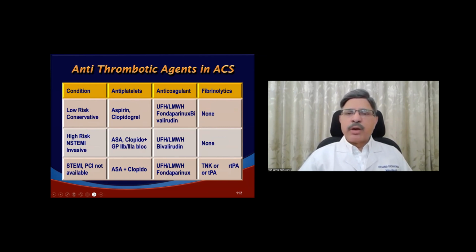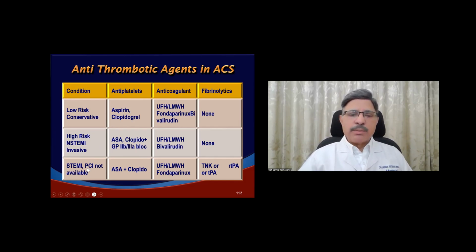Fibrinolytics not required. High-risk NSTEMI, invasive treatment planned: ASA, clopidogrel, GP IIb/IIIa blockers, because invasive treatment is planned. Use unfractionated heparin or bivalirudin, and no fibrinolysis. Please never fibrinolyze an NSTEMI patient, because the risk of bleed is very high.